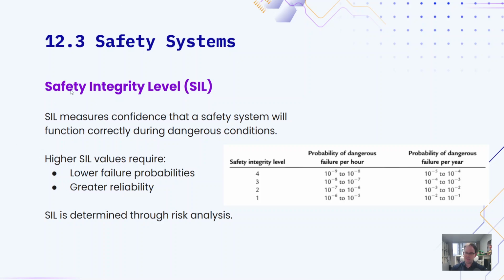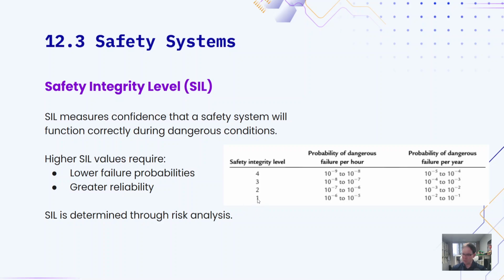Next is safety integrity level. This is called SIL. I have a friend whose name was Sil before. SIL measures confidence that a safety system will function correctly during dangerous conditions. The higher the SIL value, the lower the failure probability and the greater the reliability. There are 4 levels in SIL. It's determined through risk analysis.